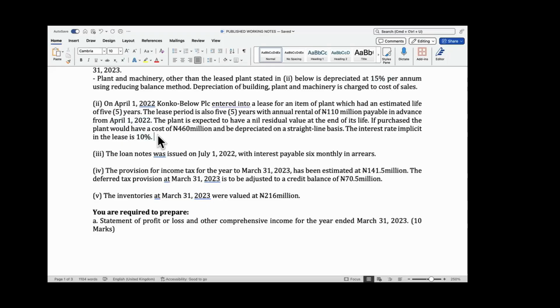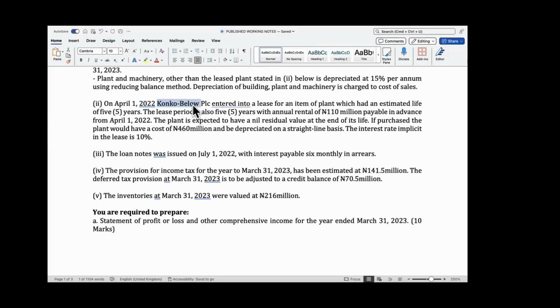I've taught my federal class students IFRS 16 on leases. I know fiscal class students haven't done it, but whenever we lease an asset, because Concom Below is the lessee now, I'll start teaching you anyway. Concom Below is the lessee.